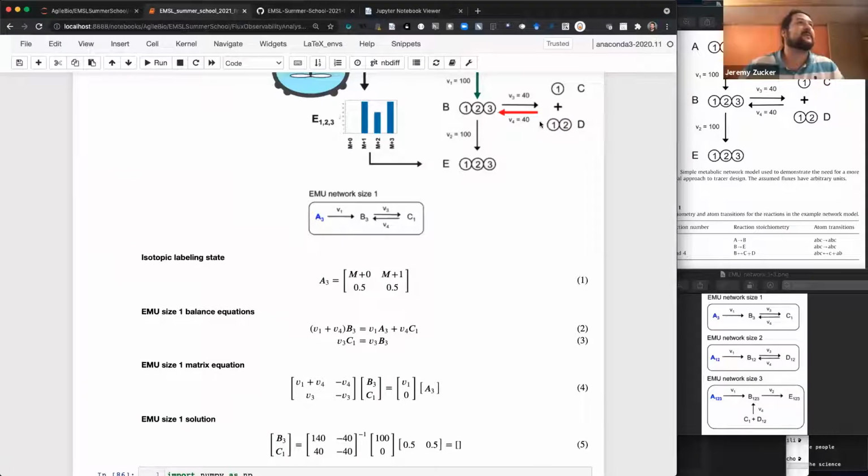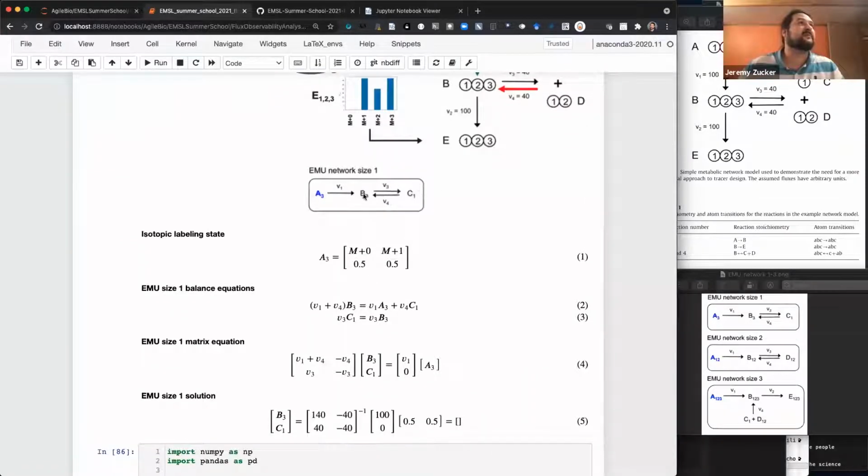C1 times, here we go, there's C1 times V, no. It's only the arrows pointing to C1, so it's C1 times V3. And then you're balancing that with the thing that's pointing to C1. That's B3 here, so B3 times V3.